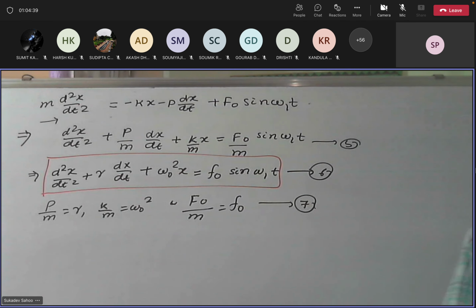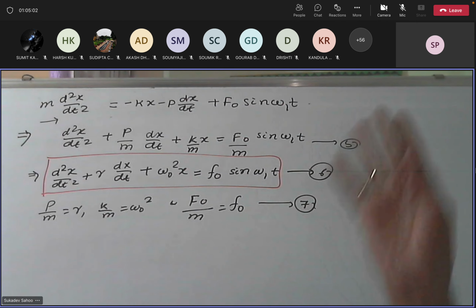I think in mathematics you have read the different types of differential equations in your 10 plus 2 classes. So if you have read this inhomogeneous second order linear differential equation, then I think all of you know the general solution of such a differential equation consists of two parts.